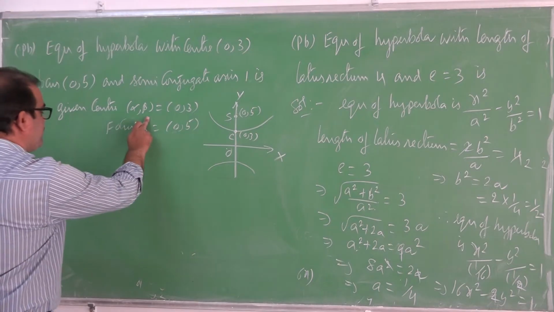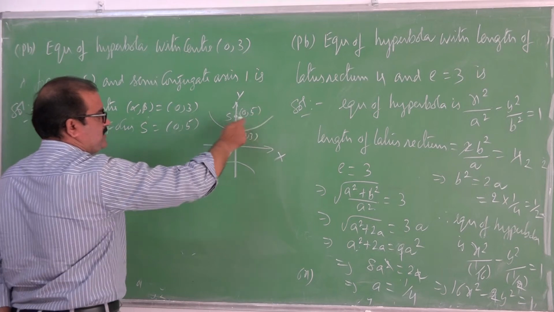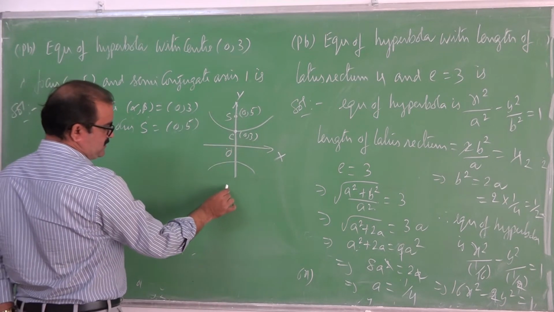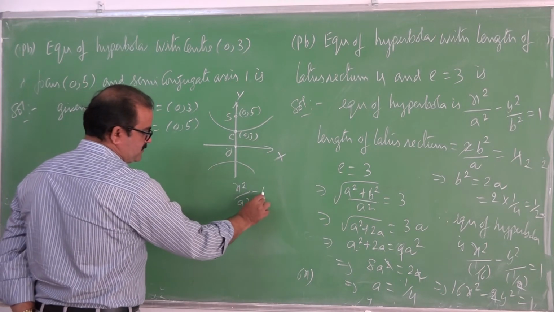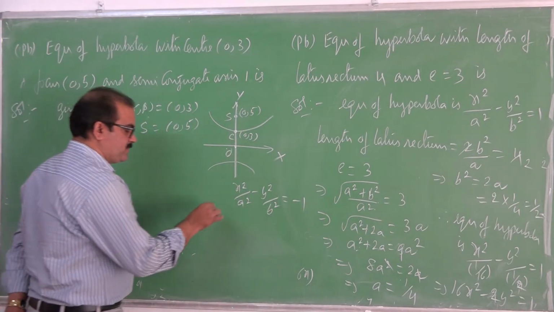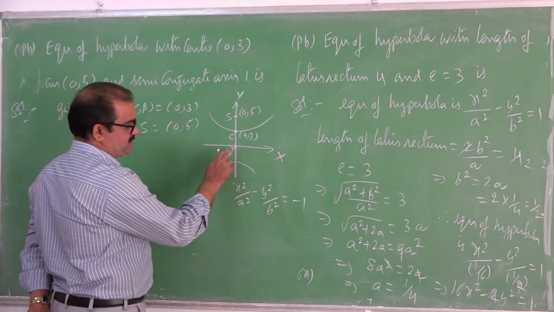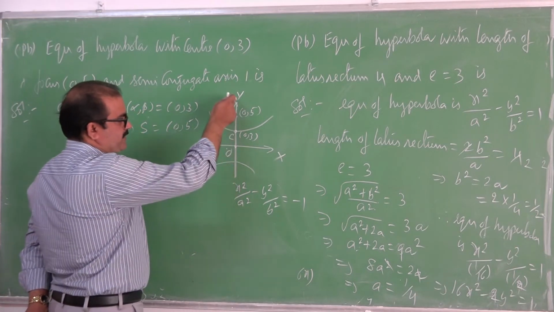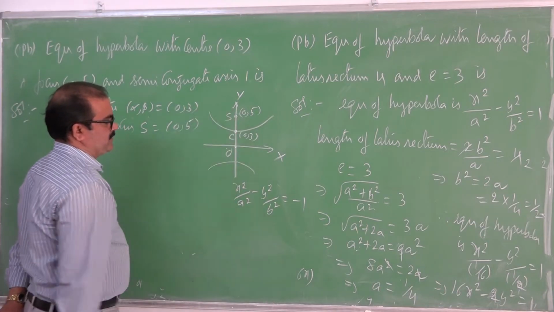If the center lies on the y-axis, this hyperbola is called a conjugate hyperbola. What is the equation of the conjugate hyperbola? With center (0, 0), x squared by a squared minus y squared by b squared is equal to 1. This is the equation of the conjugate hyperbola with center (0, 0). Why is it called a conjugate hyperbola? Its transverse axis is the y-axis. Okay.